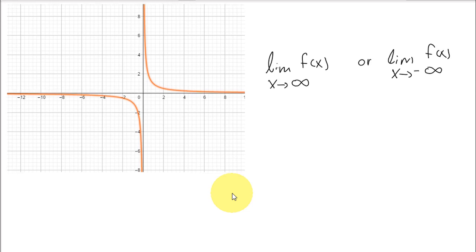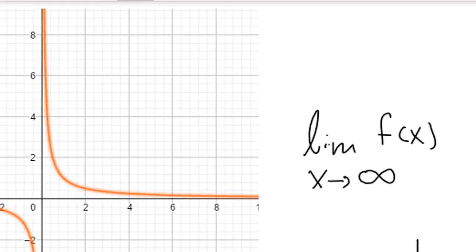Using the same example, let f of x be 1 over x. If I want to determine the limit of f of x when x approaches infinity, where is the value of f of x, the value of y, going to be if x approaches infinity? As you can see, the value of y is decreasing. If x is getting larger, the value of y is going to be smaller.